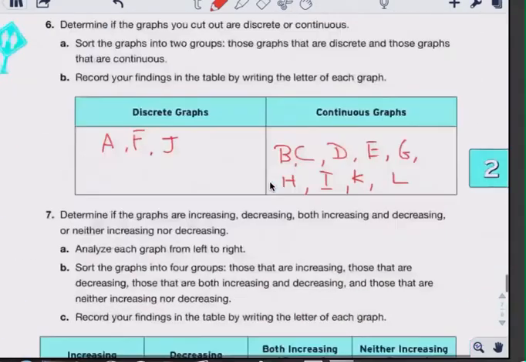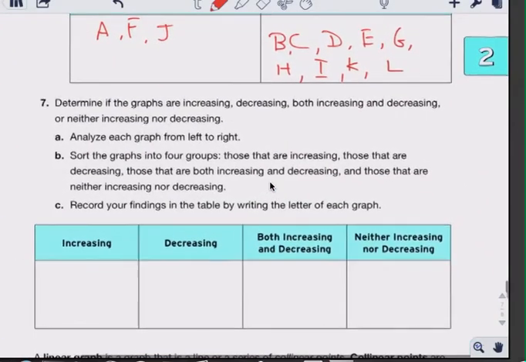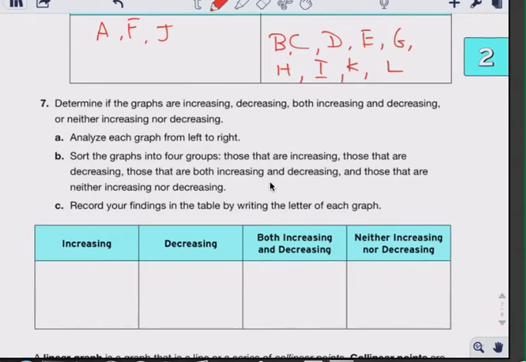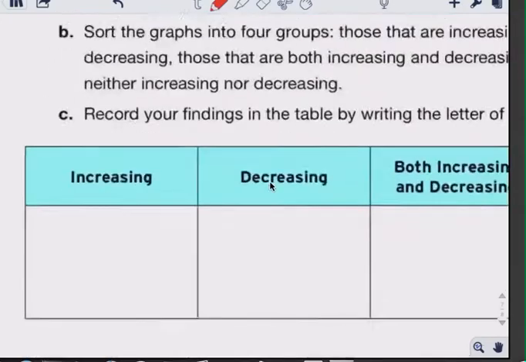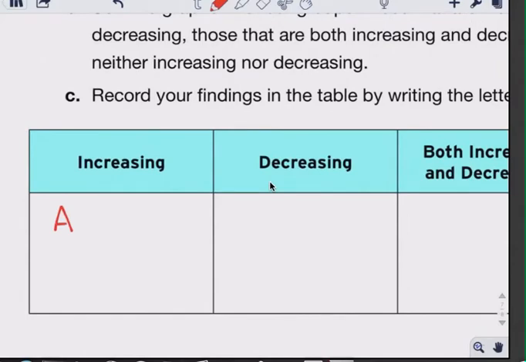Okay, let's look at increasing. Whose group believes their increasing is correct? Destiny? A, B, F. Who agrees? Is she correct?